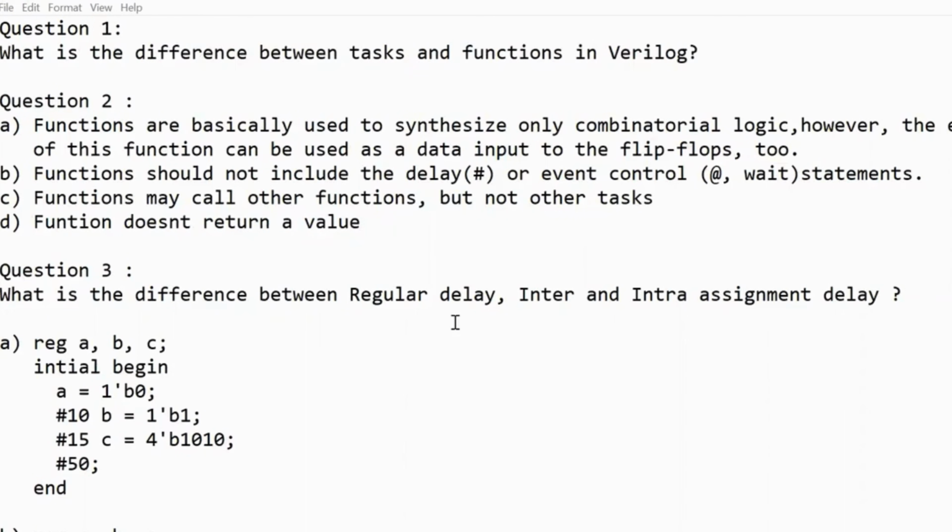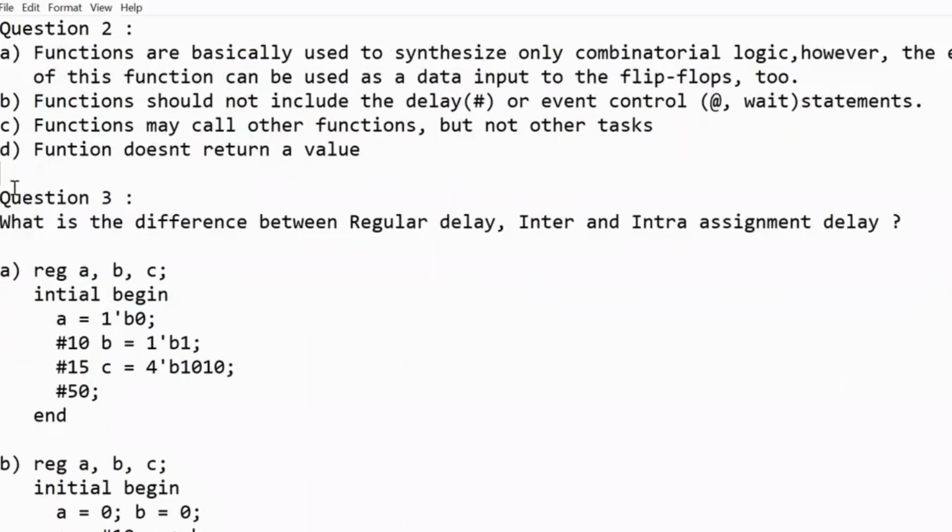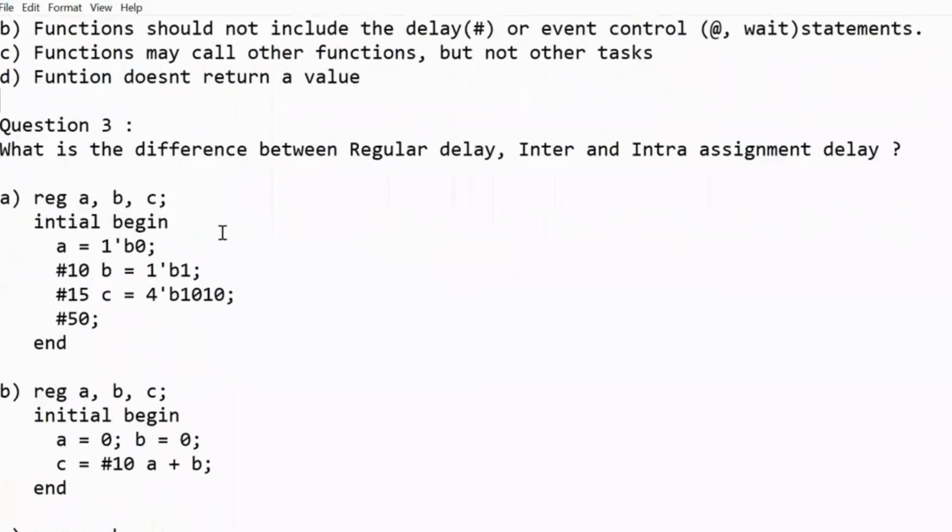No doubts. Okay. And coming to the third question, what is the difference between regular delay, inter delay, and intra assignment delay? We already discussed these delays when we were discussing blocking and non-blocking assignments, if you remember. Can you tell me what is the difference between regular delay, inter delay, and intra assignment delay?